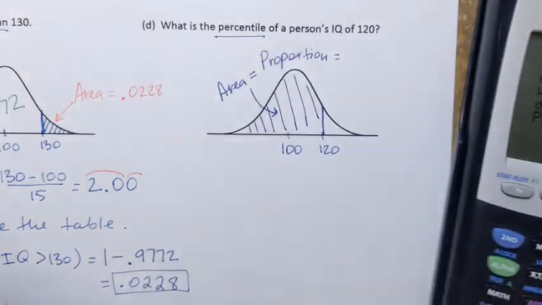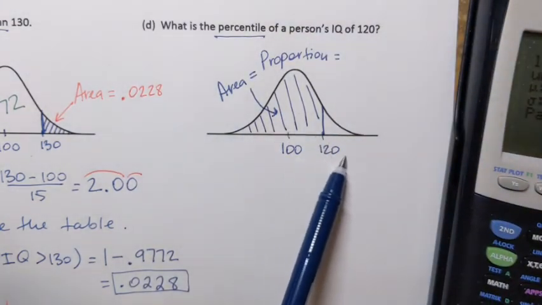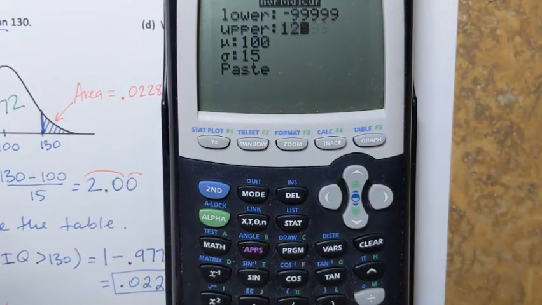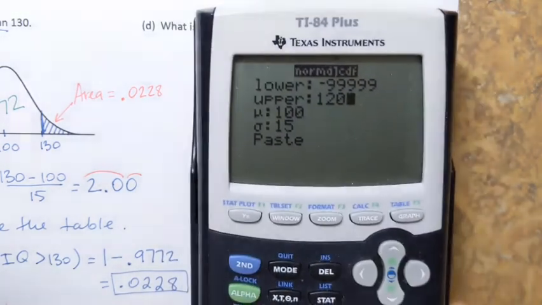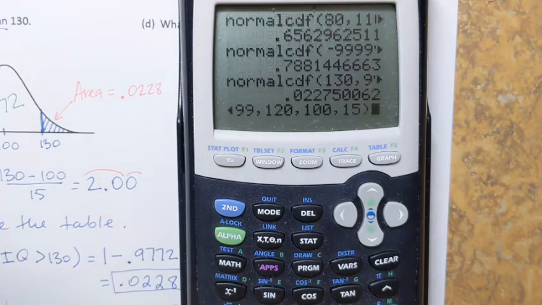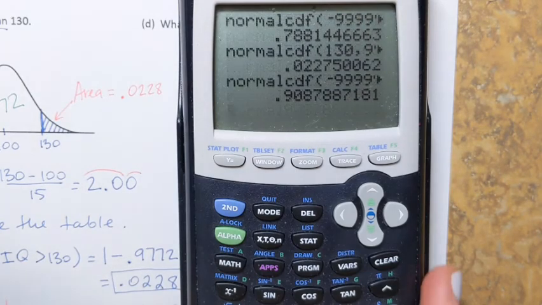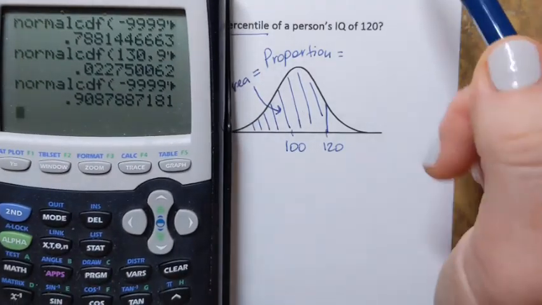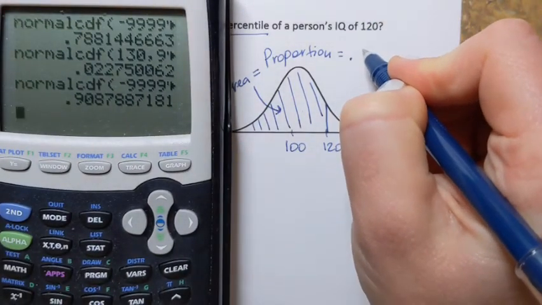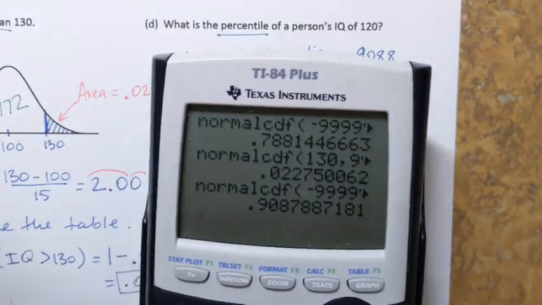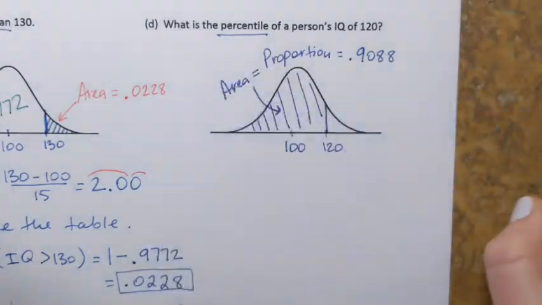What is the upper boundary? The upper boundary I do have, right? It's 120, the one on the right. Mean and the standard deviation stay the same, since I'm still doing the same example. So I'm going to press enter 2 times and I'll get the number 0.9088.